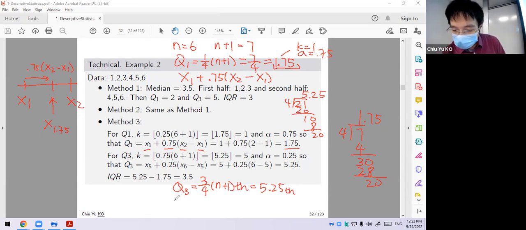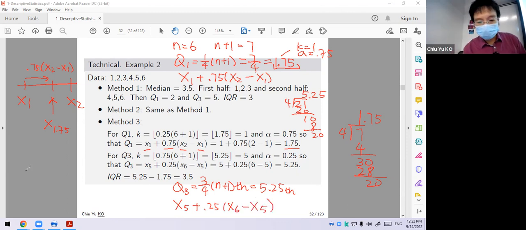5.25 is very simple. We take x fifth plus 0.25 of x6 minus x fifth. Let me explain the reason again. This is the fifth, and this is the sixth. For 5.25, we go only a quarter of the whole distance.